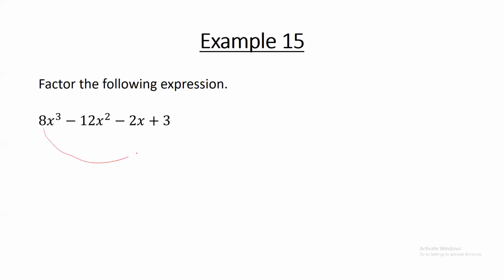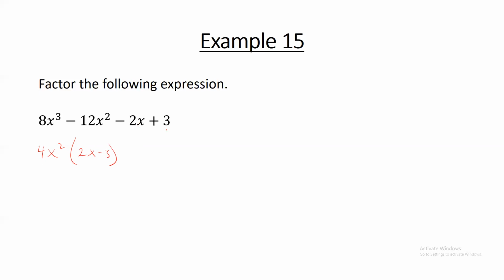And indeed, the outer product is 24x cubed, which is the same as the inner product, 24x cubed. It looks like grouping is the way to go. We could factor out a 4x squared from the first 2 terms, leaving us a 2x minus 3.